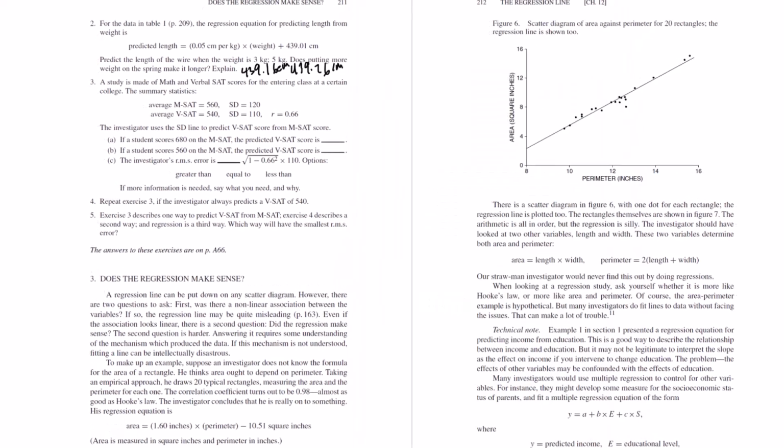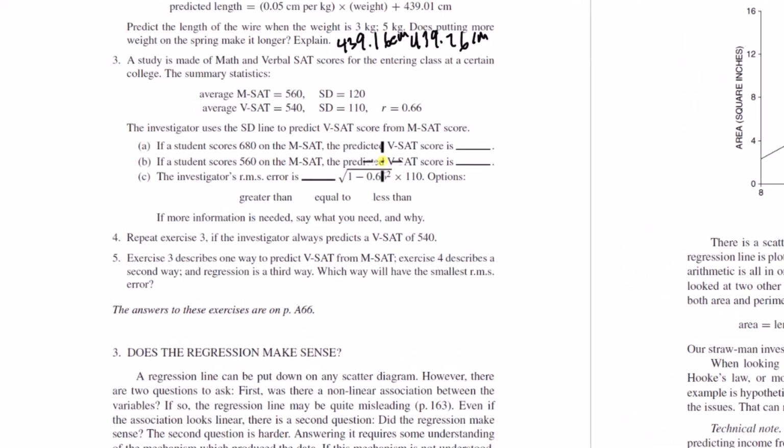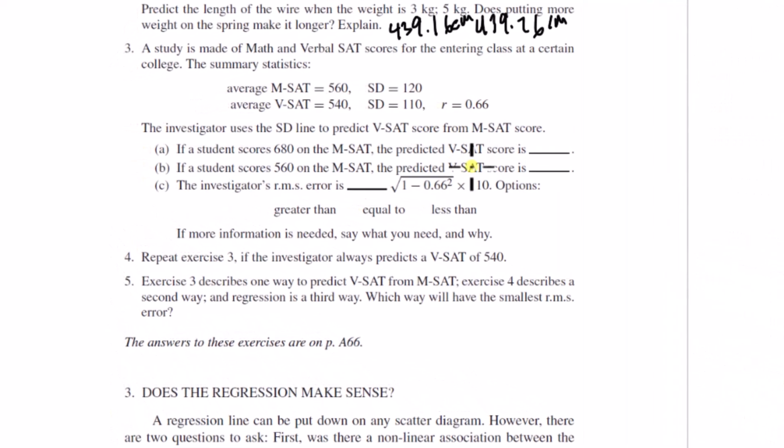If we're going to be on the SD line, we go that same number of standard deviations in the Y direction. So we want to go one standard deviation above average in the VSAT direction. So 540 plus 110 is 650.